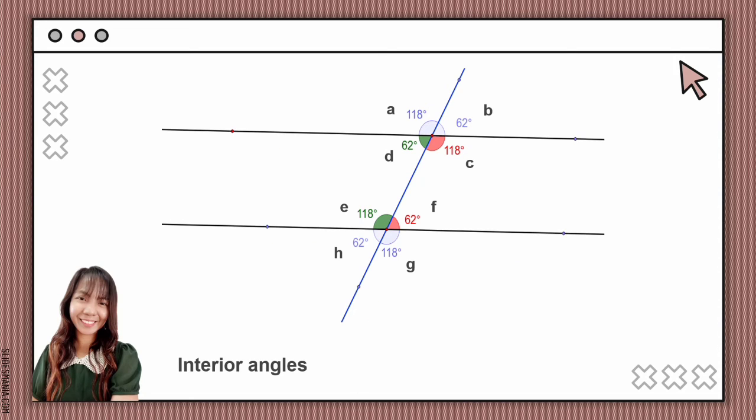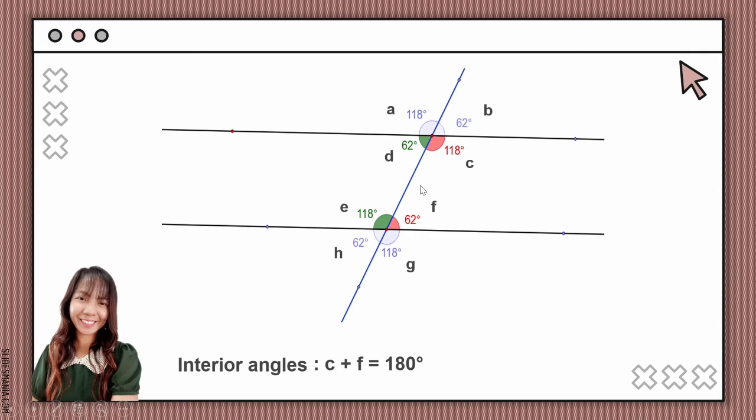Next is the interior angles. When you say interior angles, they are the angles that are on the same side. For example, angle C and angle F. They are on the same side.